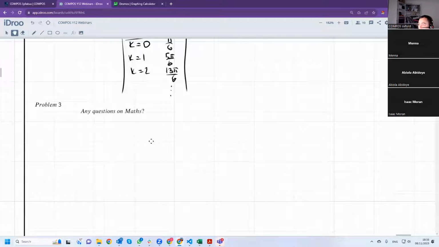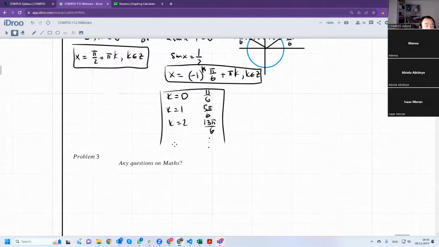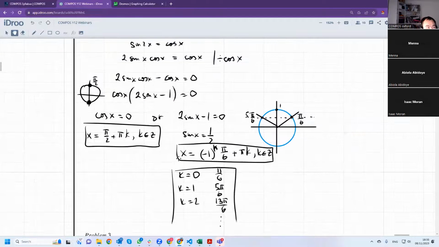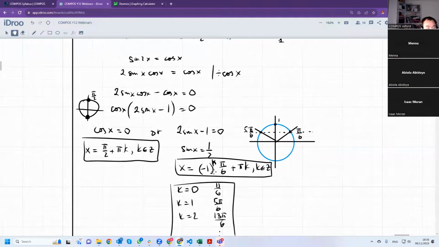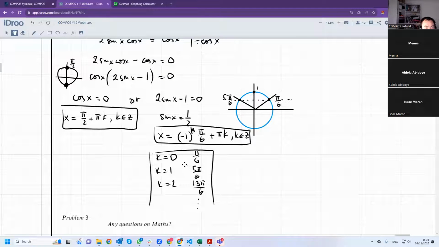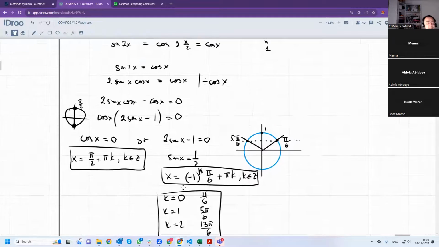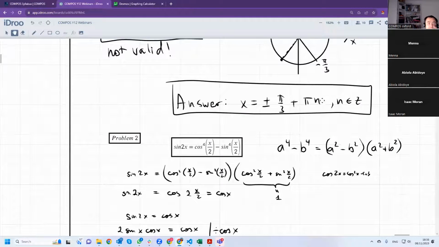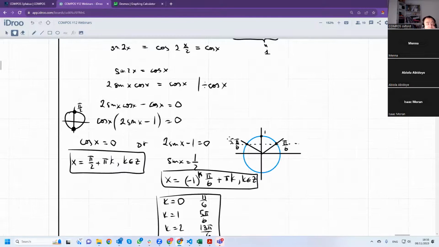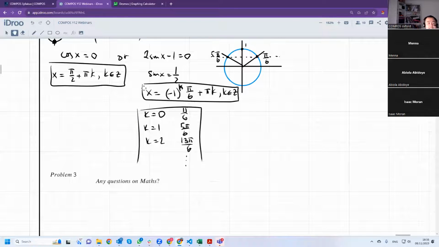Right, any questions on maths? Do we need both an N and K? We don't. It's up to you. I just used K here, and I used N here. As long as there's no conflict between them, it's fine, right? For the first answer, I used N, and here I use K, where K is any integer.